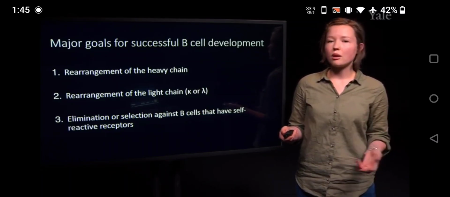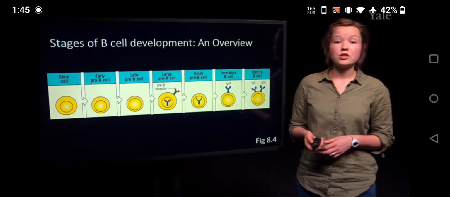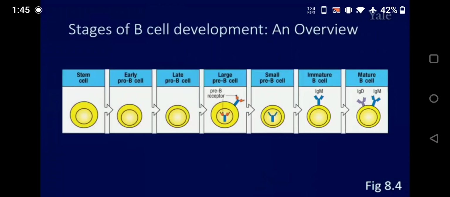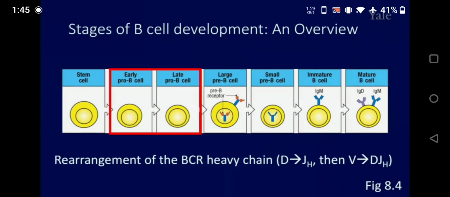etc. So moving into an overview of the different stages of B cell development, which we will go through each stage more in depth, but this is just a general overview. We start with our stem cell, which are the progenitor cells for all blood cells. Then we move into the phase called the Progenitor B Cell phase, in which the rearrangement of the heavy chain will occur, and this will happen in a sequential order.